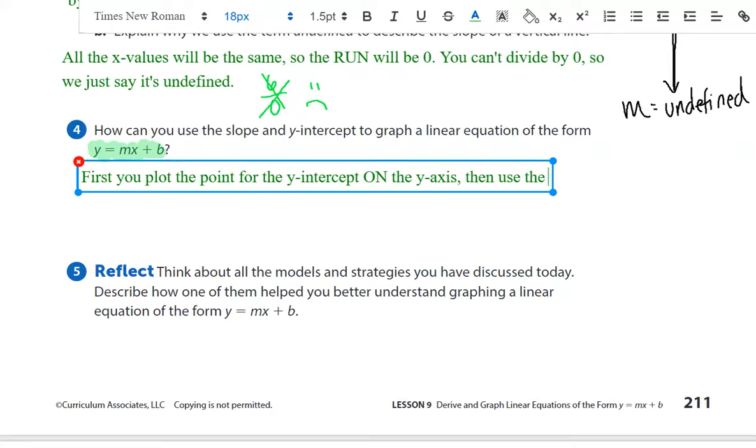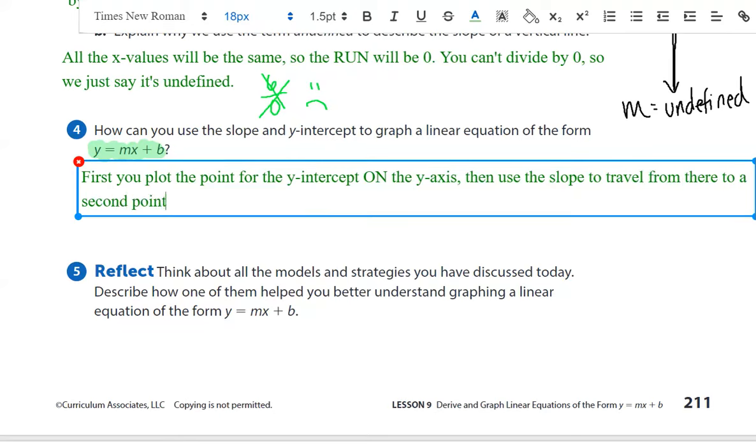Then use the slope to travel, I'm going to get fancy with my words, travel from there to a second point. Then connect the dots. Hooray!